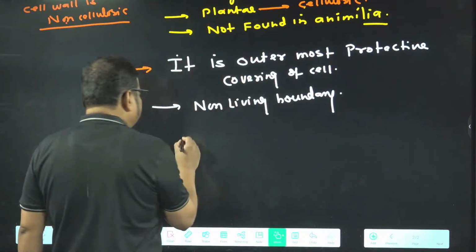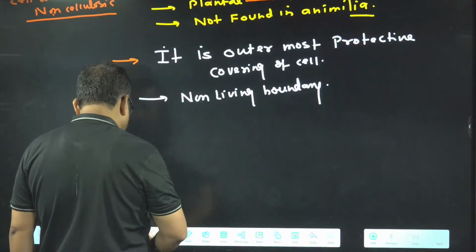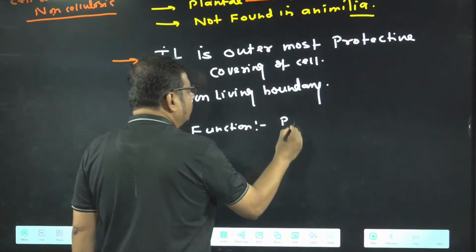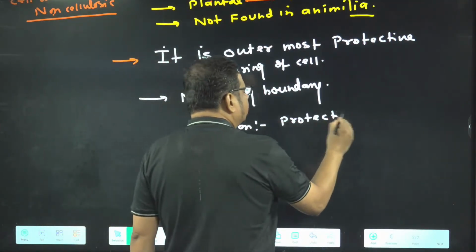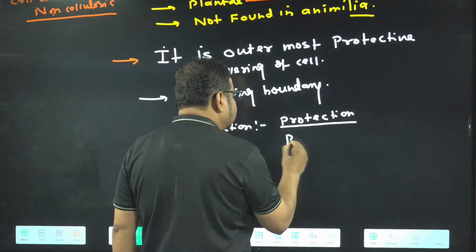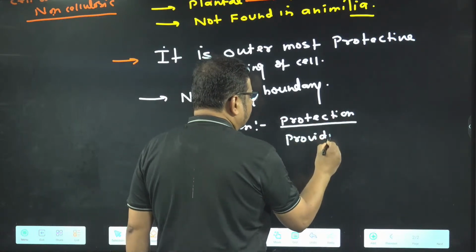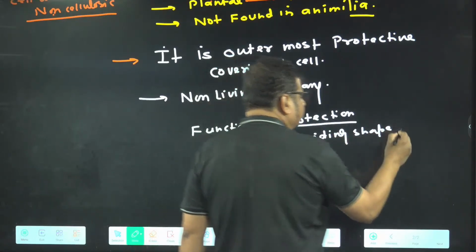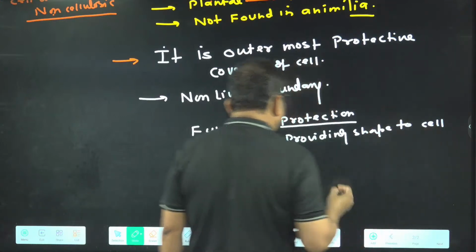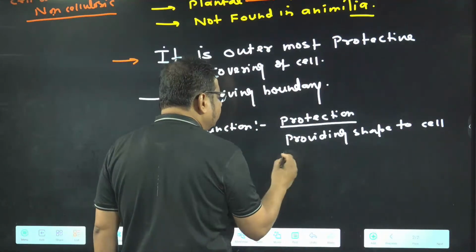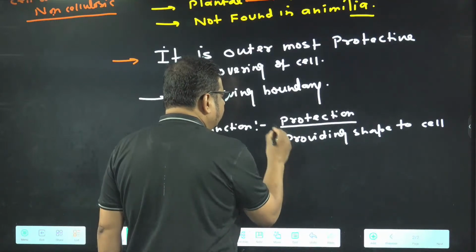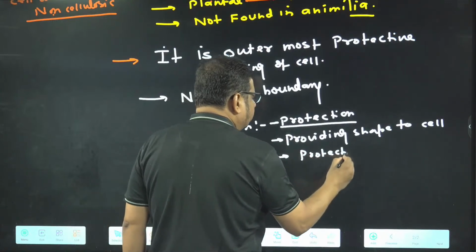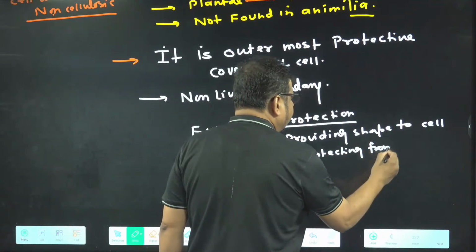So what function is cell wall performing? Function number 1, protection. Function number 2, providing shape to the cell. Getting the things or not? Then another function it is providing is protecting from infection.